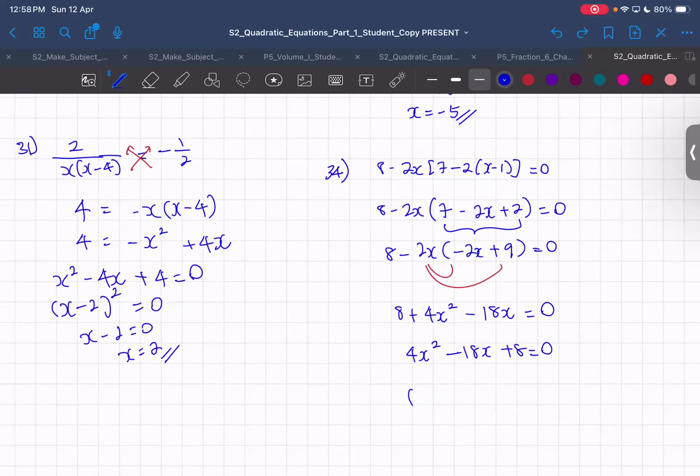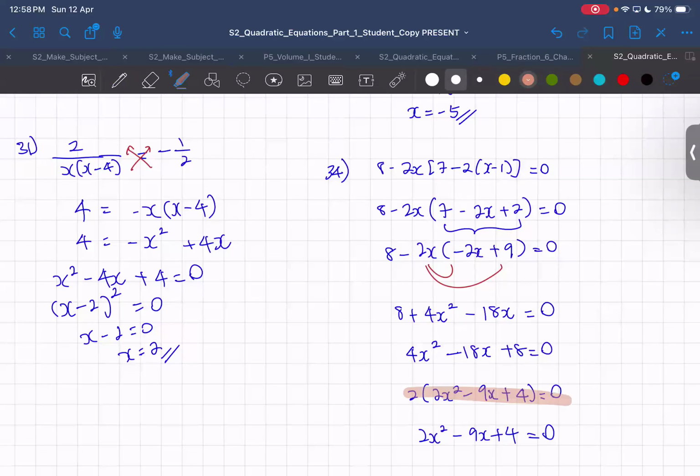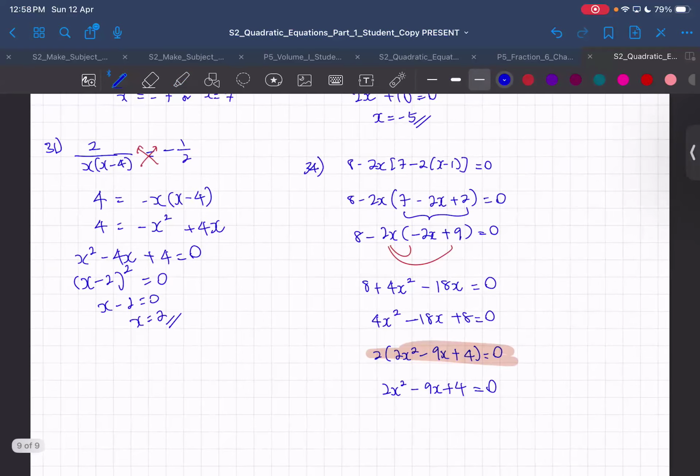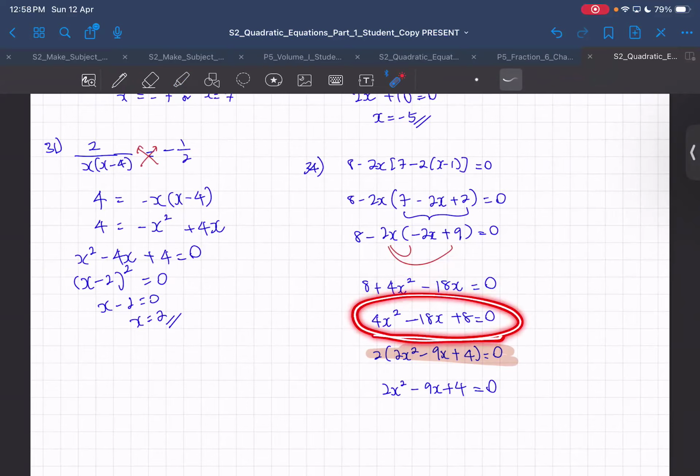But before I use the calculator, I need to make sure that this is in its most factorized form. It is not, so I have to take out 2, then divide both sides by 2. This step is important. You must factorize to the simplest form first before you use a calculator. If you straight away key into your calculator this one, no, sorry, this one, you might not get the correct answer.